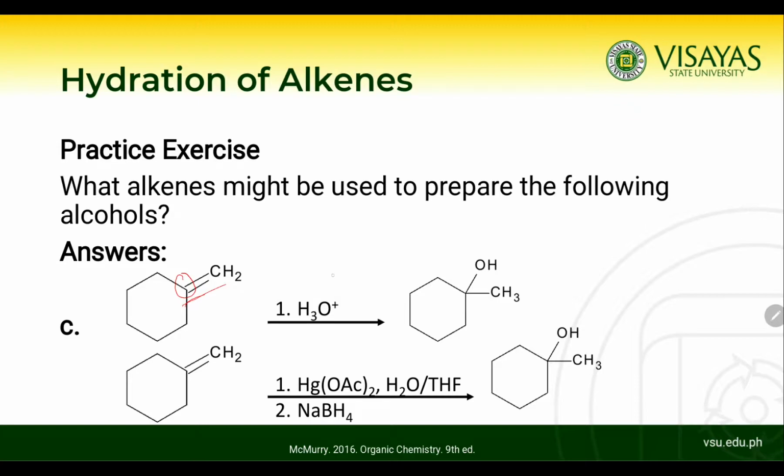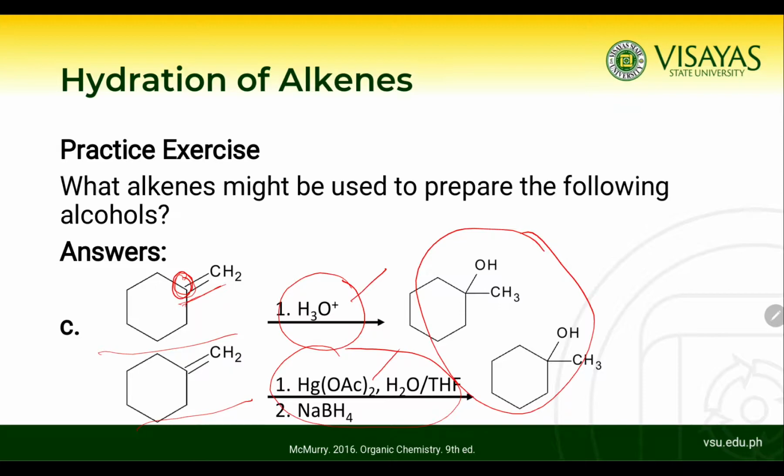So that means to say, the reagents we will use, if that is our alkene, should be the acid catalyzed hydration and the oxymercuration-demercuration. Okay, this carbon here is more substituted, no? So that is why if we have this starting alkene and we use these two reagents, that is the product that will form. They are the same for both, okay?